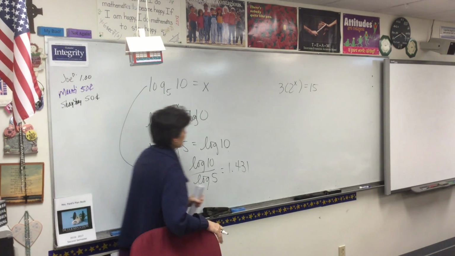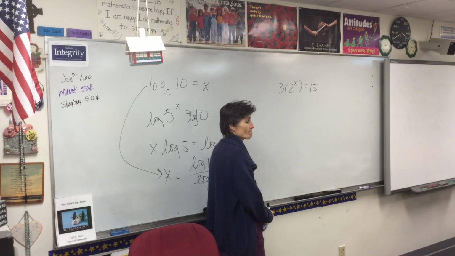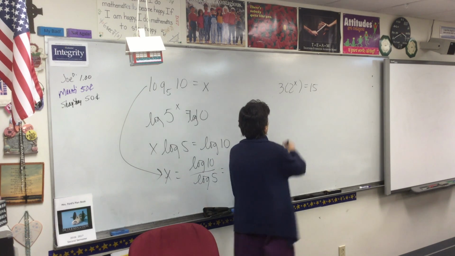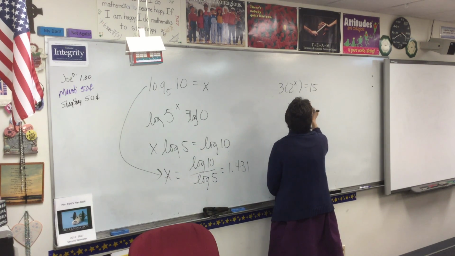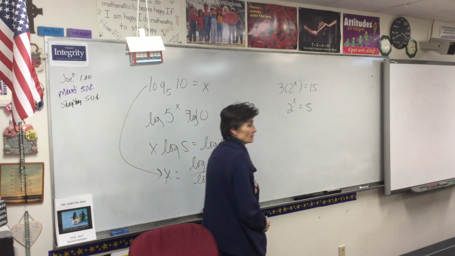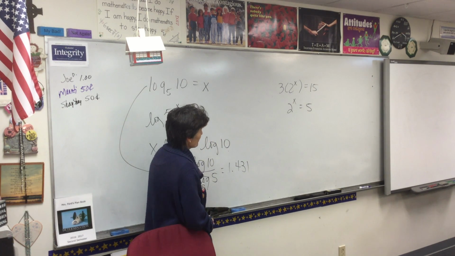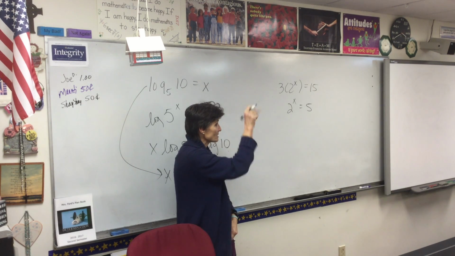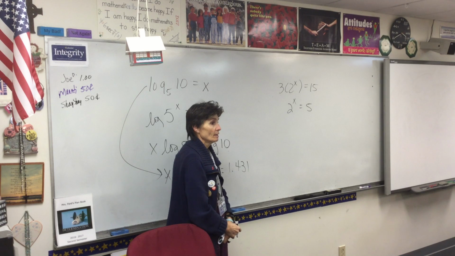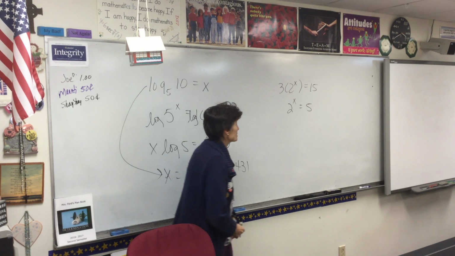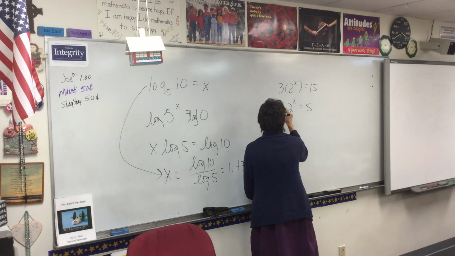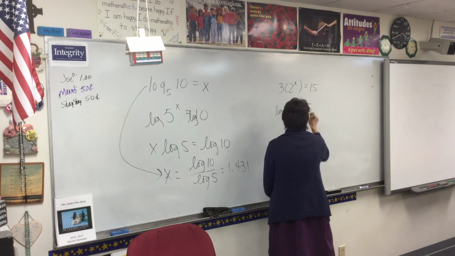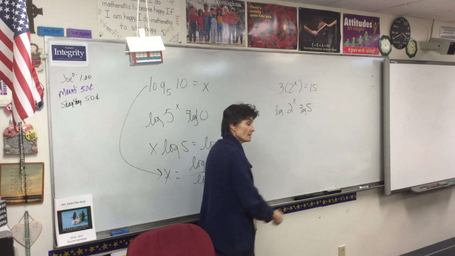All right, what about this one? Exactly. Here we go. Is there a common base between 2 and 5? Nope. So the only way to solve for an exponent is to use logarithms. So we'll log both sides. And what did we do that for?